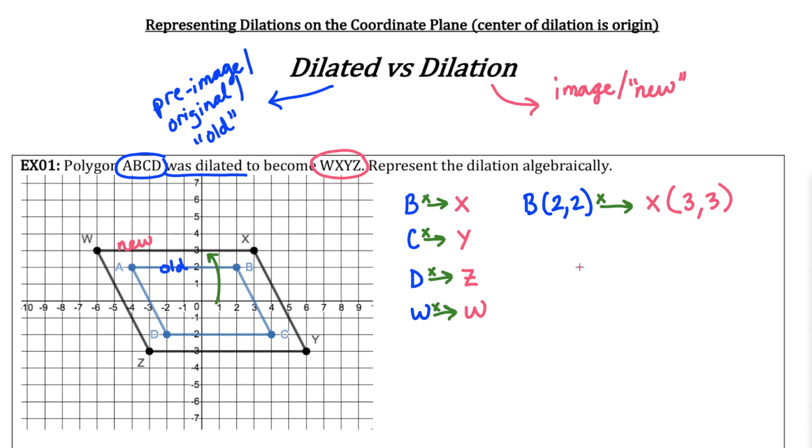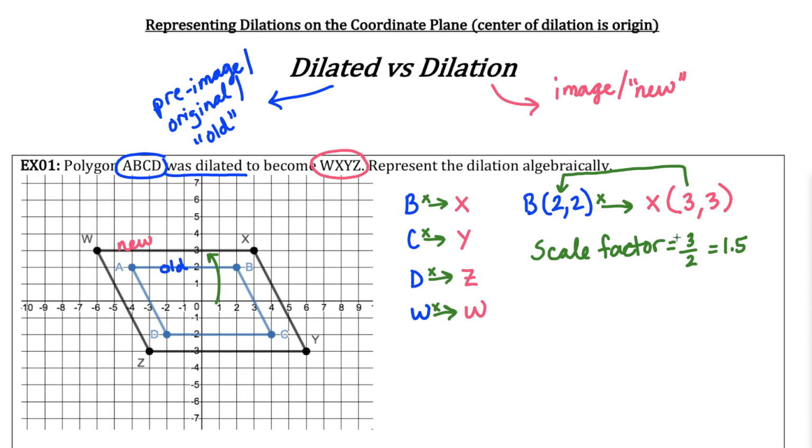So the scale factor, which is the number we multiply by, you would get by dividing 3 divided by 2, which is 1.5.